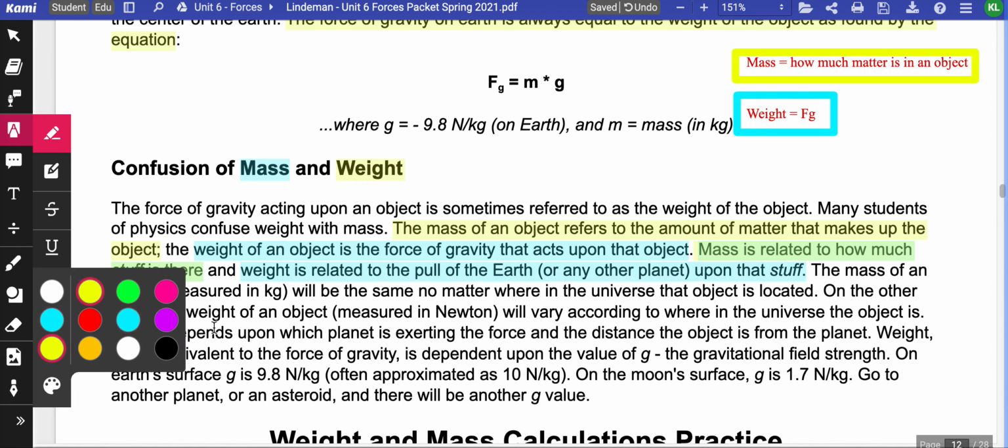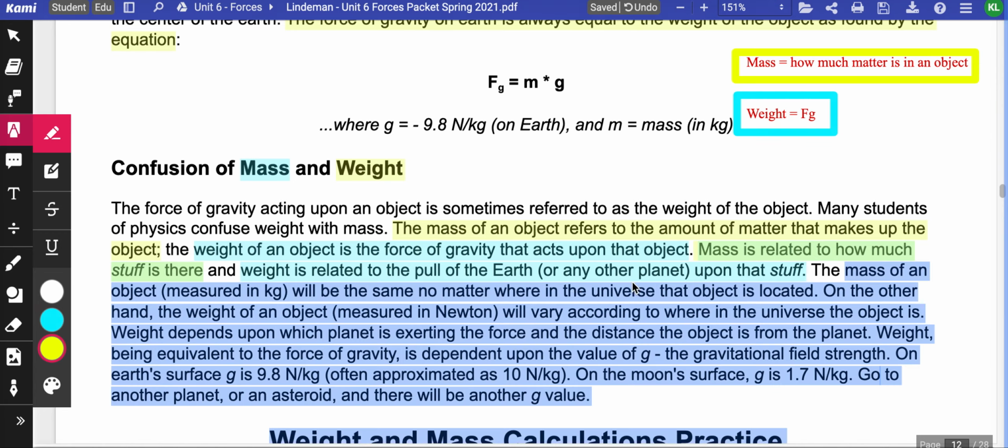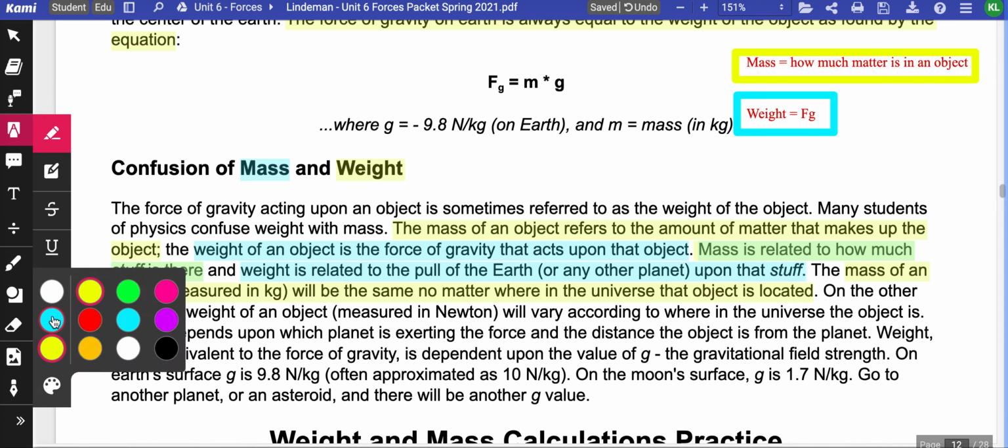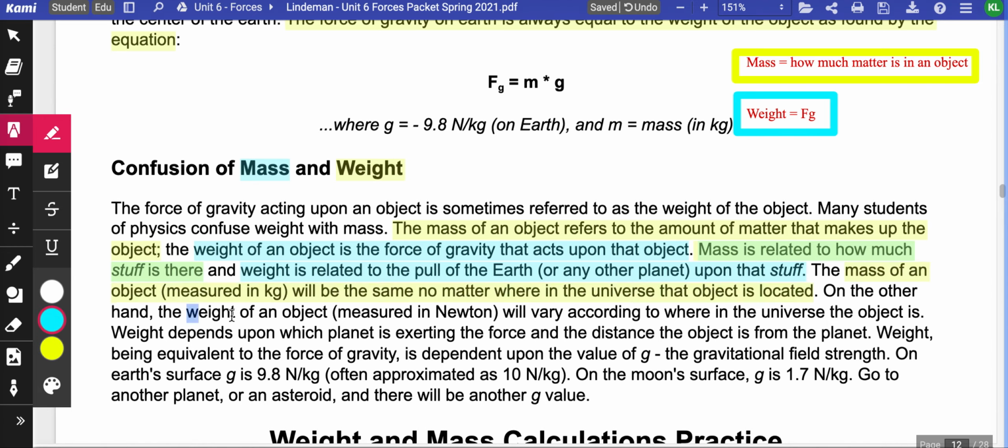Okay. Also, mass is measured in kilograms and will be the same no matter where an object is located. Weight, on the other hand, is measured in newtons and will vary according to where an object is. Okay?